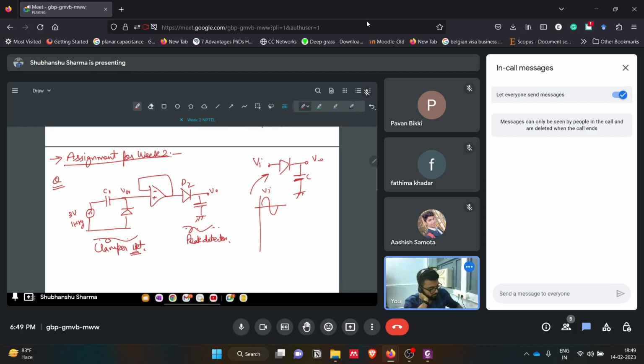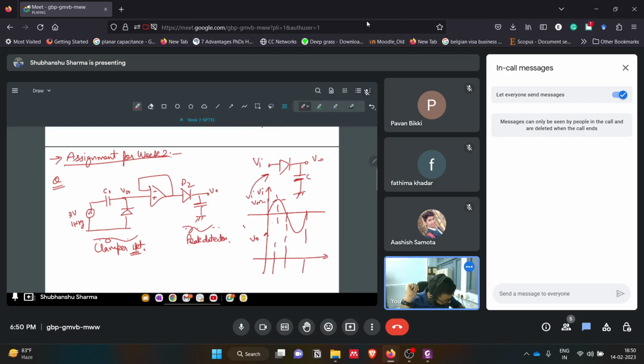So this is the input voltage, and this is V output. Let's say this is the peak voltage Vm.